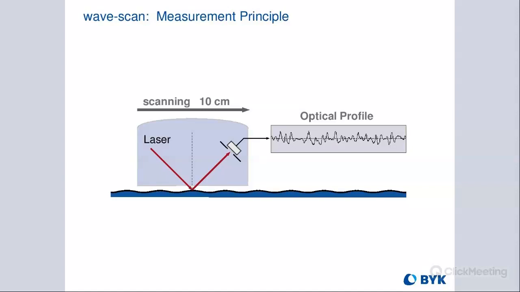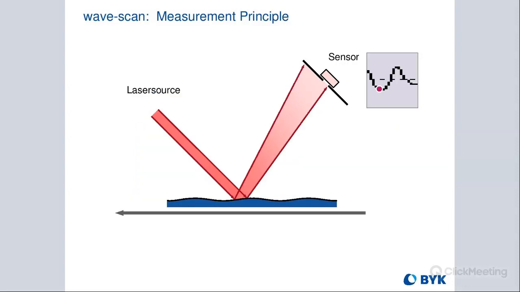So it can better make out these different structures, and also, because different parts of a surface are going to give different effects, you really need to get a good length of surface to measure across to really get a good picture of what's going on. So you roll this across the surface, and it scans the structures in the surface and creates this optical profile. The way it's actually doing that is it has a laser light source that is being pointed down at the surface at an angle of 20 degrees.